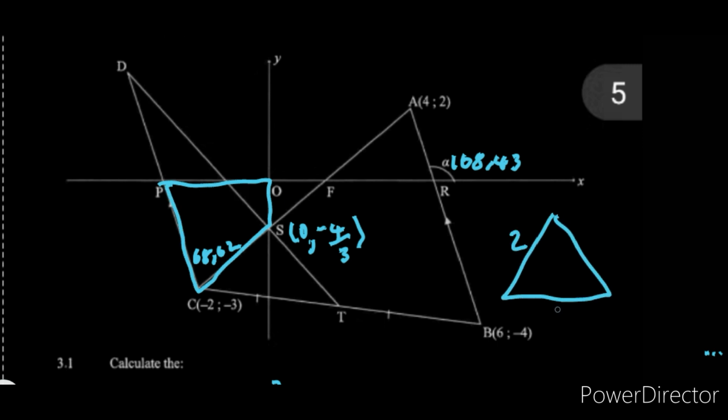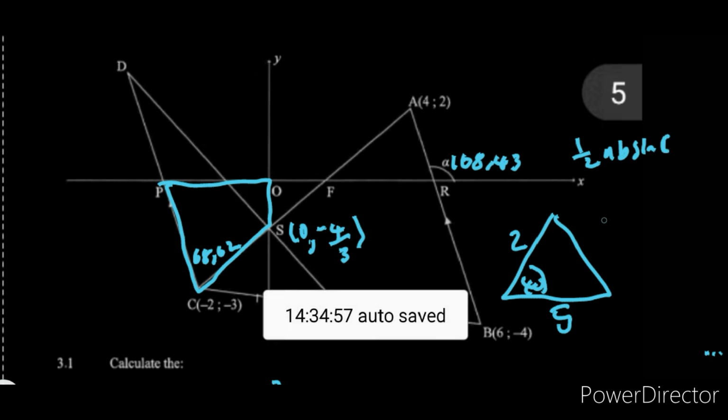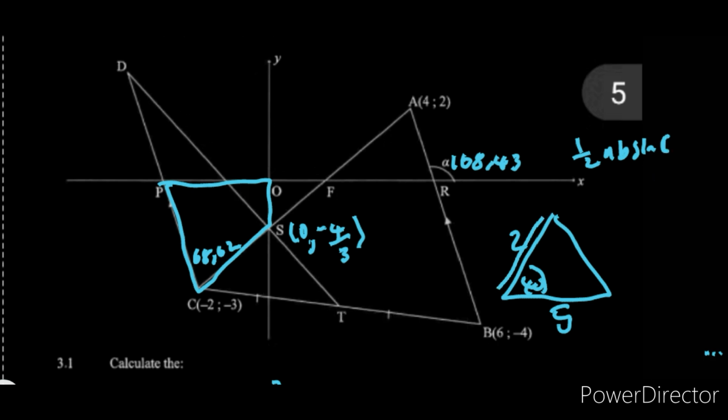For instance, if we've got this side and this angle, the area of this triangle is just, because the area rule says area is equal to half of one side times the other side times the sine of the angle that is between. So it's simply half of this side times this angle.